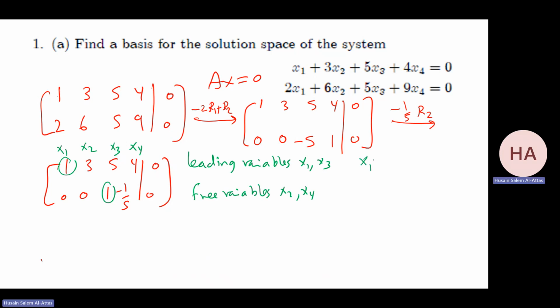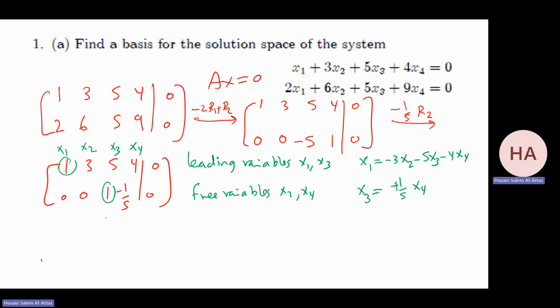They have x1 is minus 3x2 minus 5x3 minus 4x4, and x3 is plus 1 over 5 x4, plus, not minus, because we take it to the other side. That's minus, minus, minus.